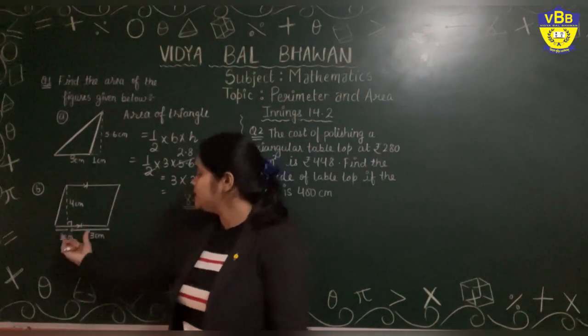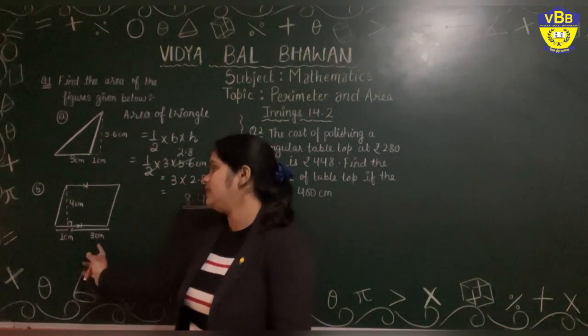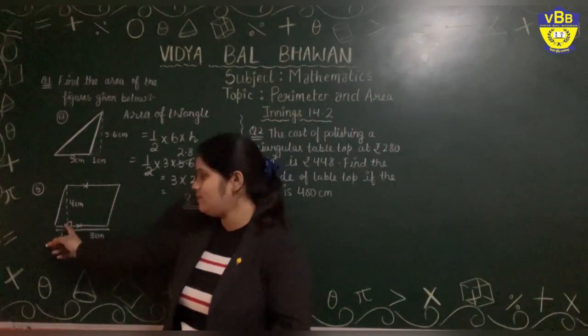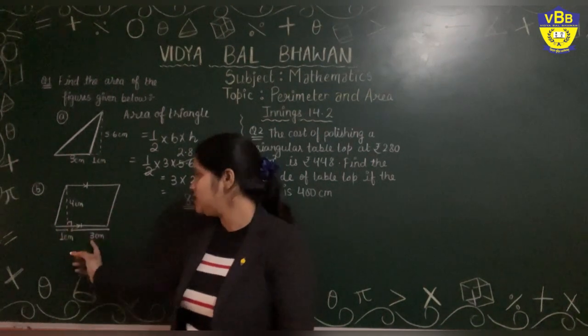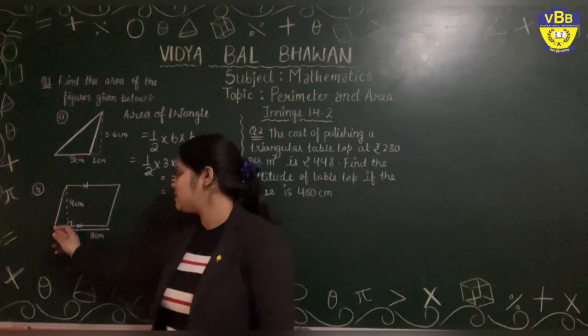But here, this base has been divided into two parts: 1 centimeter to the left of the altitude and 3 centimeter to the right of the altitude. It doesn't matter, the total base we will add.